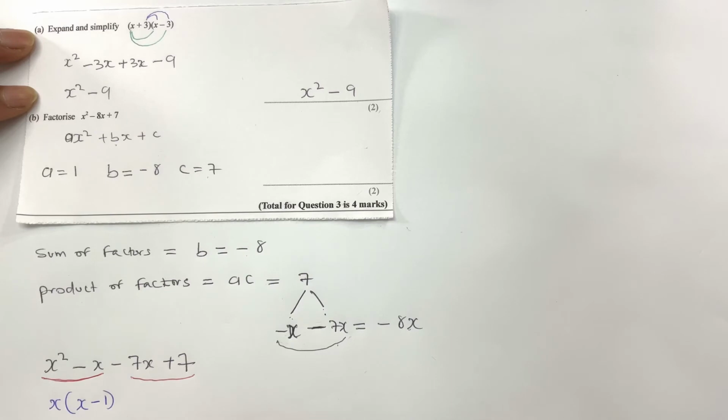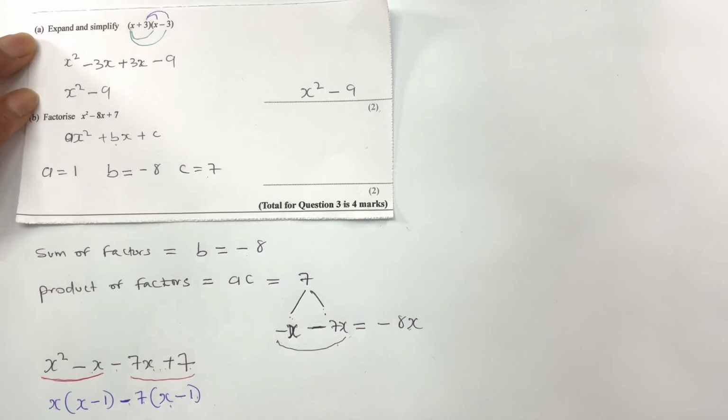That's what's left. Minus, common factor here is minus 7. So I'll get x minus 1. If I expand this back, I get that. X times x, x squared, x times minus 1, minus x, minus 7 times x, minus 7x, minus 7 times minus 1, plus 7.